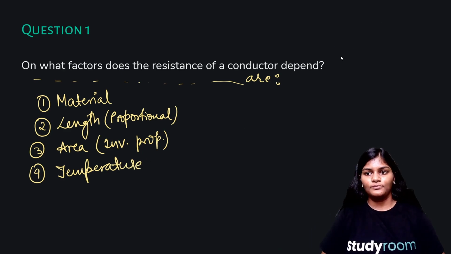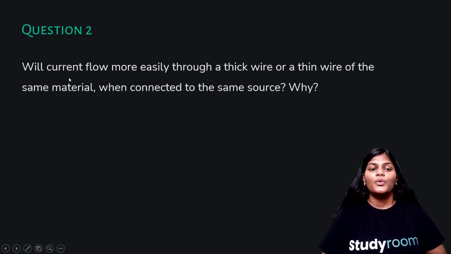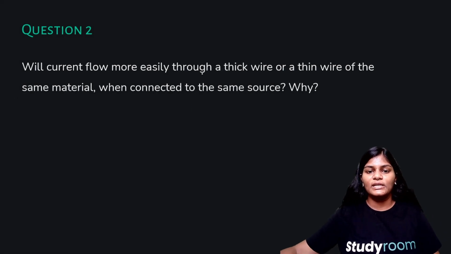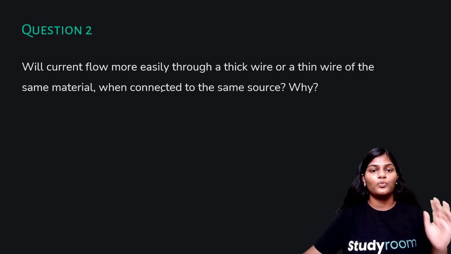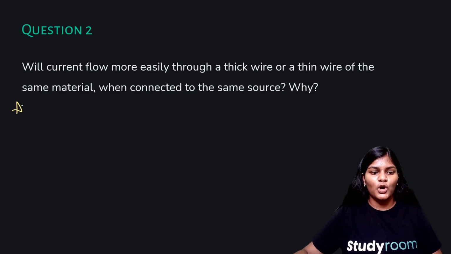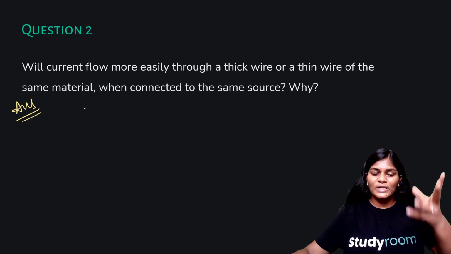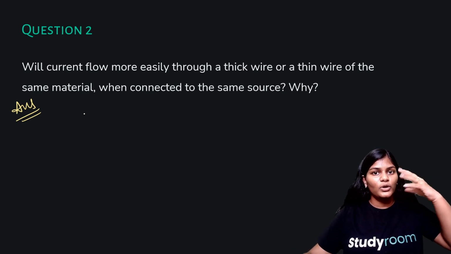Okay, moving on. So the next question here says, will current flow more easily through a thick wire or a thin wire of the same material when connected to the same source, and why? Okay, by thick and thin, what do we mean? If I draw it just for a visual aid so that you can see it, thick means more area.